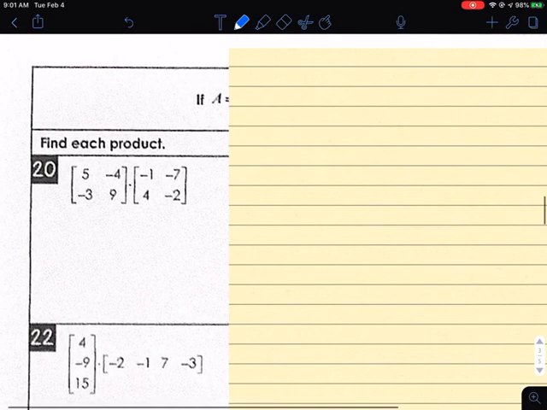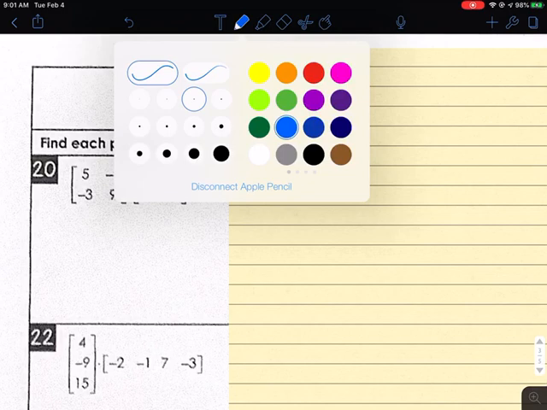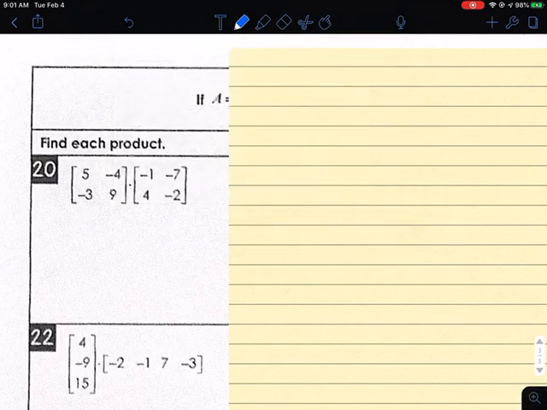All right, so for number 20, I'm going to start out by multiplying this row by this column. Now, here's what I do. I take that top row with the 5 and the -4, rotate it 90 degrees, and put my 5 next to the -1, and then my -4 next to the 4.